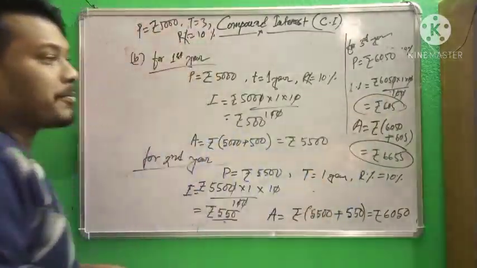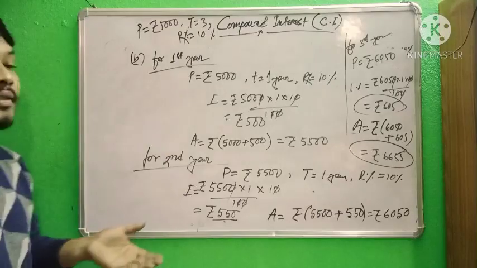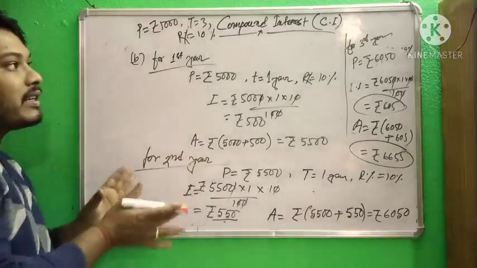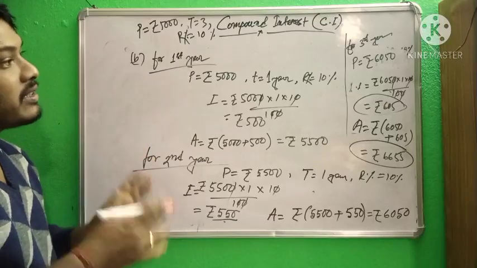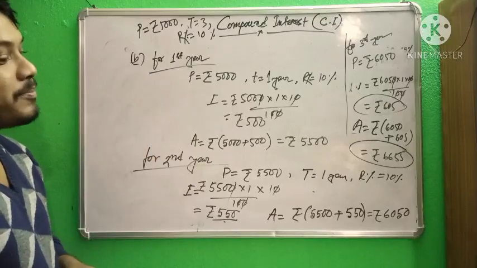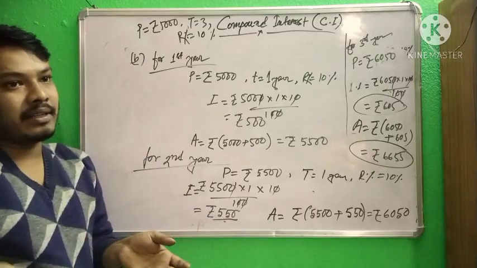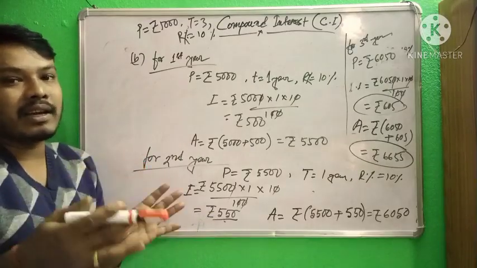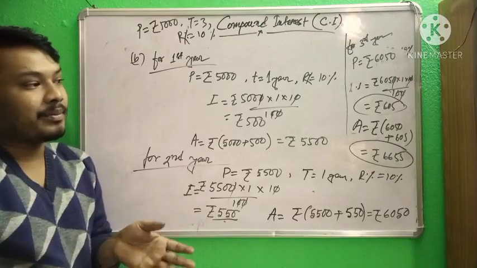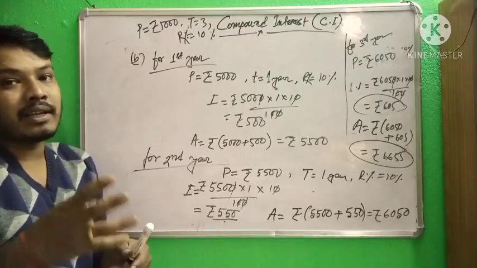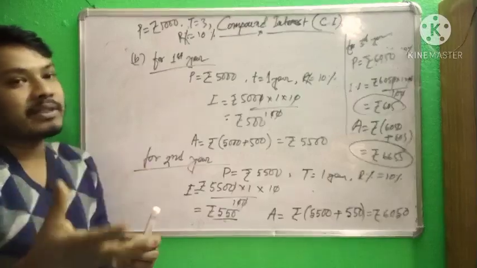In banks, SBI or any bank, the interest is counted in CI only, not in SI. That's why after every year the total amount is calculated, and the bank sends an SMS that your amount is now with interest. After that, your principal becomes that amount.